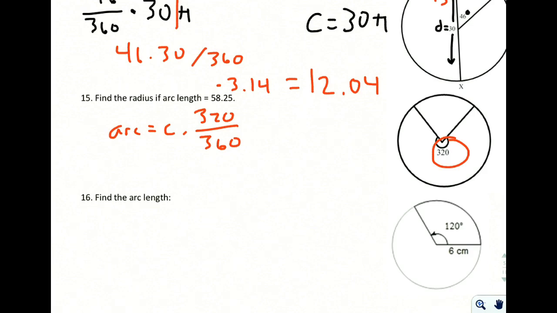And since we know our arc length, we can actually replace that as well with 58.25. So 58.25 equals C times 320 over 360.